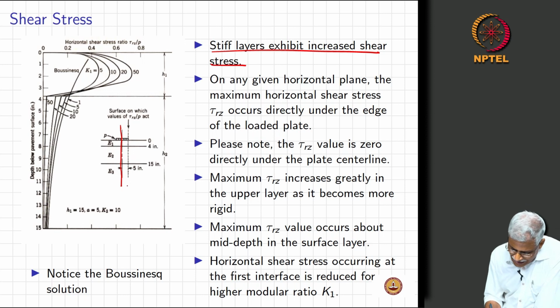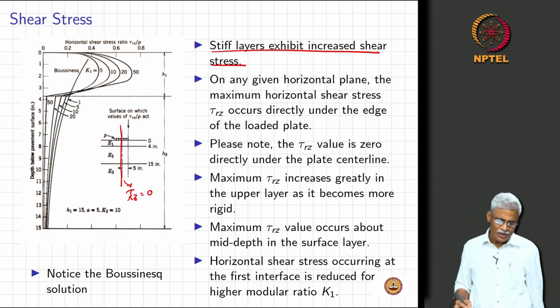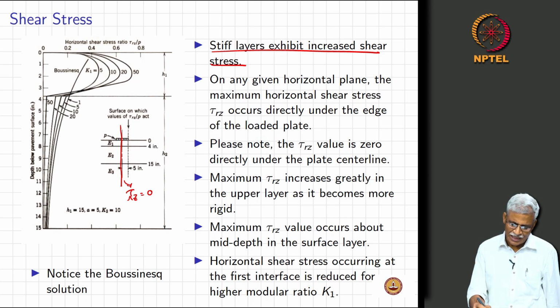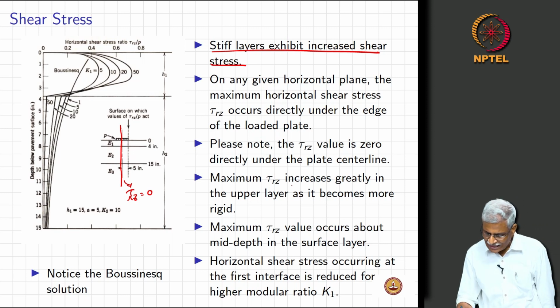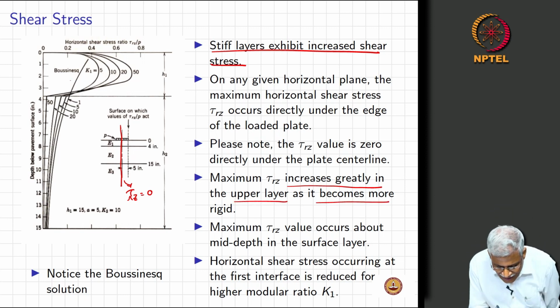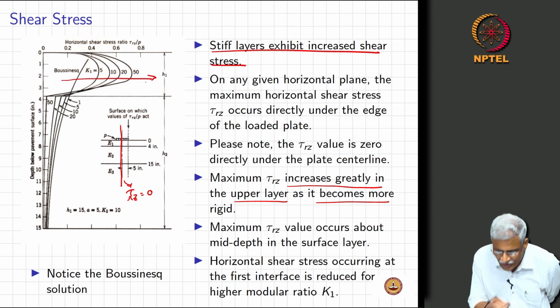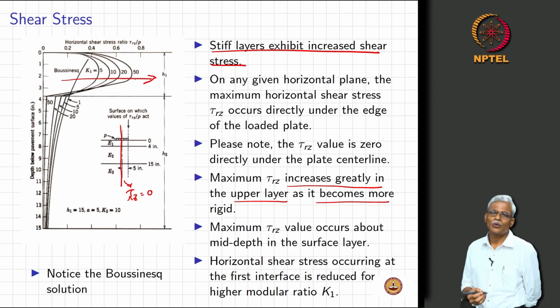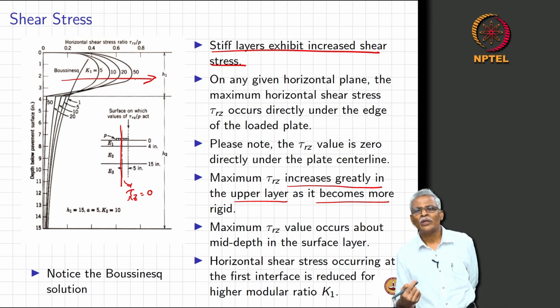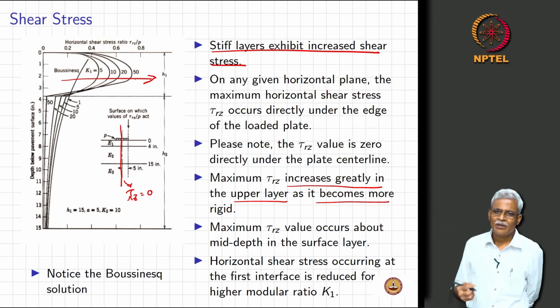Now, at this particular point tau r z is going to be 0 at the central line, and the maximum value of tau r z that you are going to see here will increase greatly in the upper layer as it becomes more and more rigid, and in fact you can actually see here when the K1 value keeps increasing. So, K1 is E1 by E2; when it becomes higher and higher, the top layer becomes more rigid.